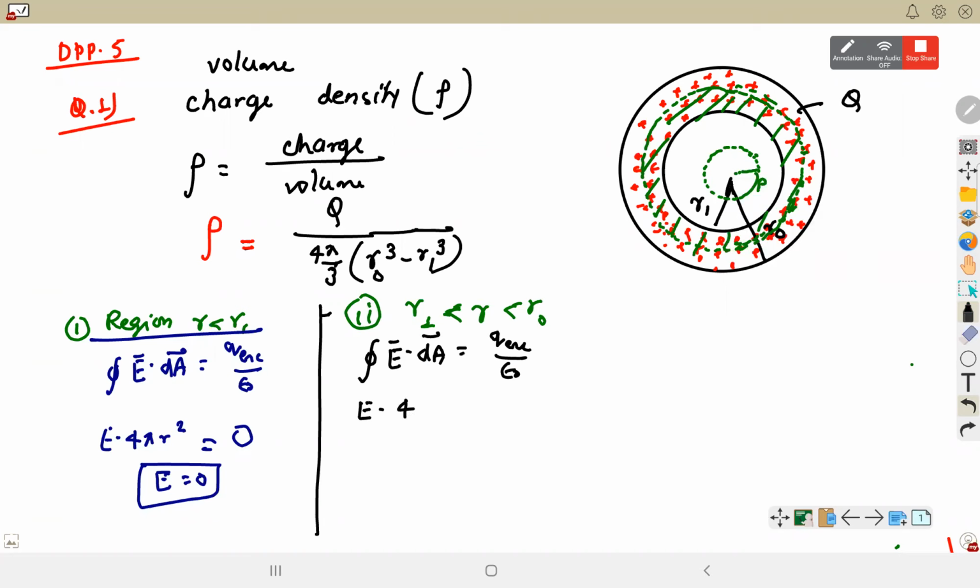Here we get E into 4 pi r square. Now r is the distance of that point. Density is rho and the volume is 4 pi by 3 times r cube minus R1 cube, divided by epsilon naught.